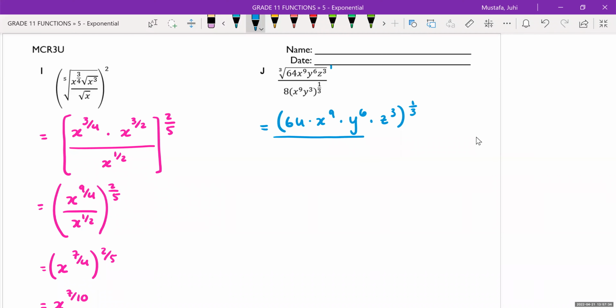And then in my denominator, I have 8 as my coefficient, and I'm going to take this 1 over 3 and distribute it to everything inside of the bracket. Okay, so when I do that, 9 times a third is just going to be x to the power of 3, and 3 times a third is just going to be to the power of 1. So I've made a little bit of progress. I cleaned some things up, and I started to solve the denominator.